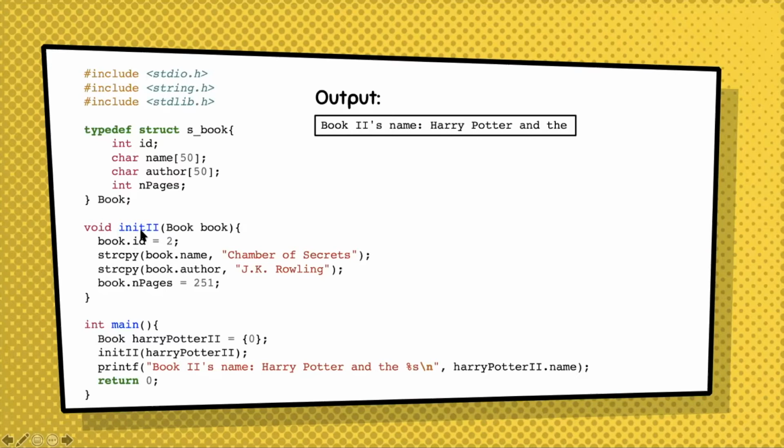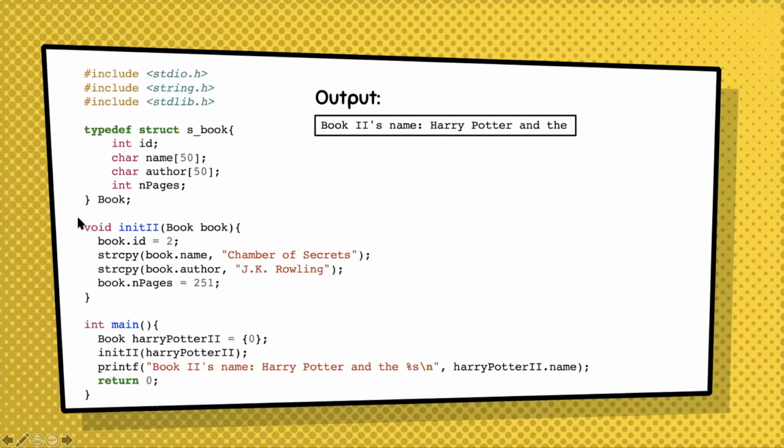So inside the function init_to, you will see this argument book, you will see the name, the author, the pages. And in fact, if you print book.name, book.author, book.pages, you will get the value. However, book is different from Harry Potter 2.